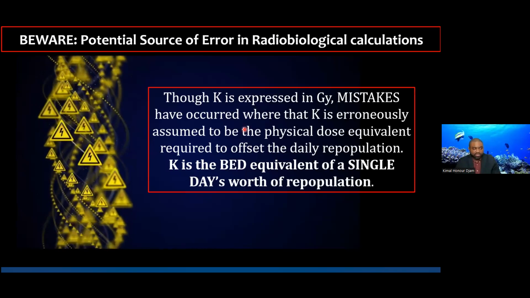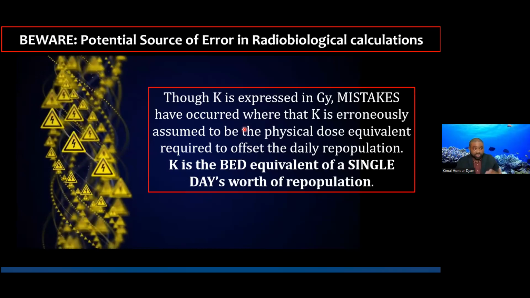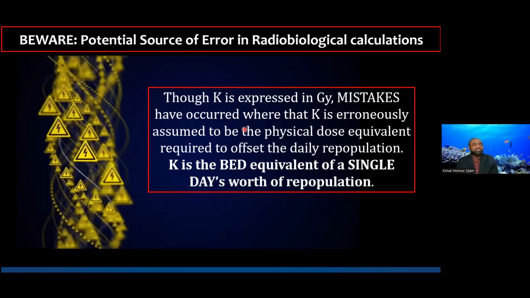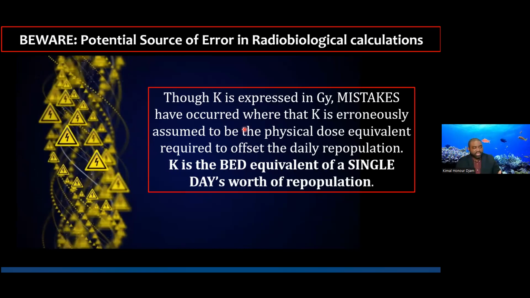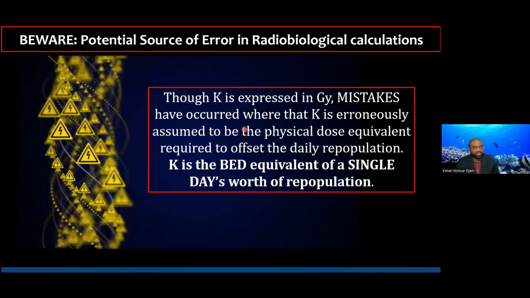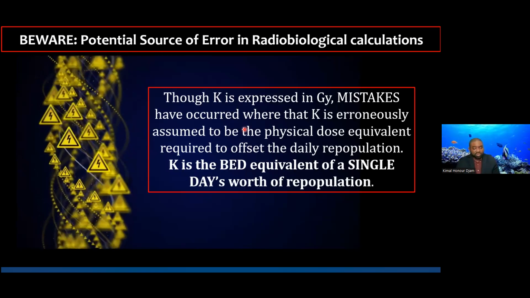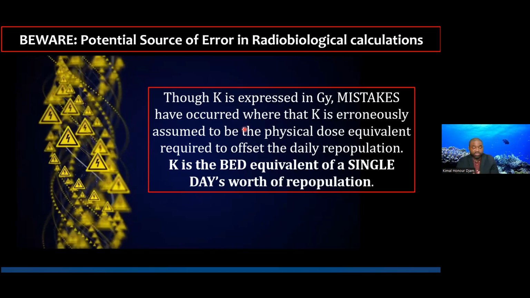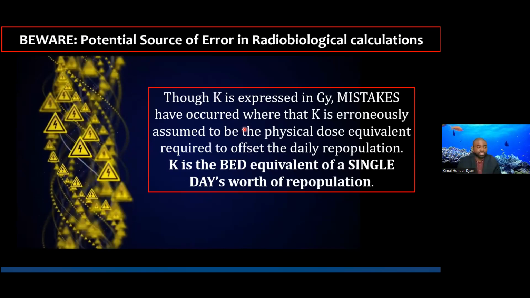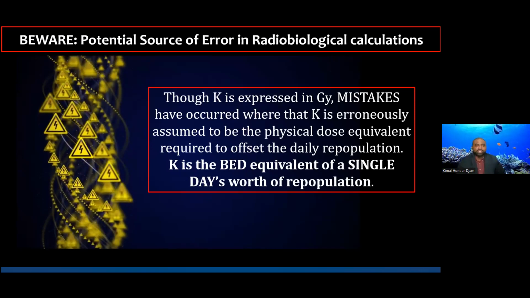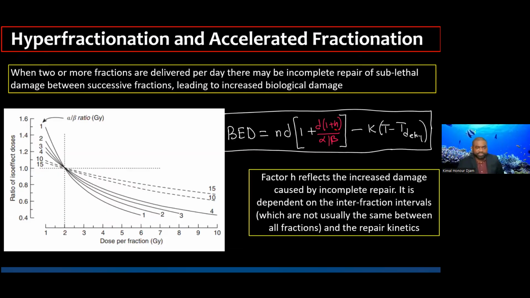Even though they have the same unit, they are not dimensionally equivalent, so they cannot be added or subtracted. In other words, K is the biological effective dose equivalent of a single day's worth of repopulation. And that is not the same thing as physical dose, so we cannot simply add the two. It's something that you have to keep in mind as we embark on doing this.